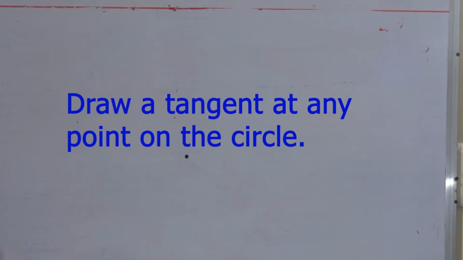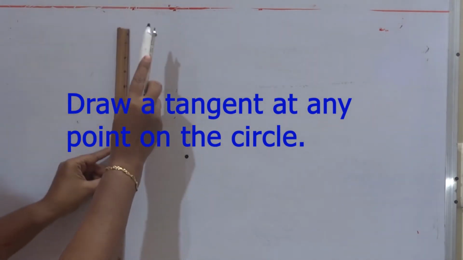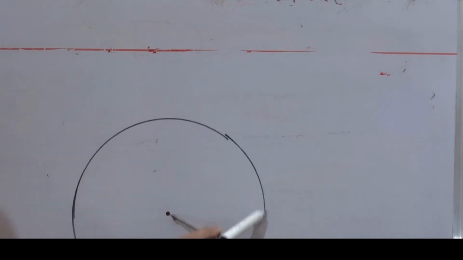To draw a tangent to a circle of radius 6 cm, first we have to make a circle of radius 6 cm. For that, let us take a compass and measure the radius 6 cm. Now keep the needle of the compass at some point and draw a circle.